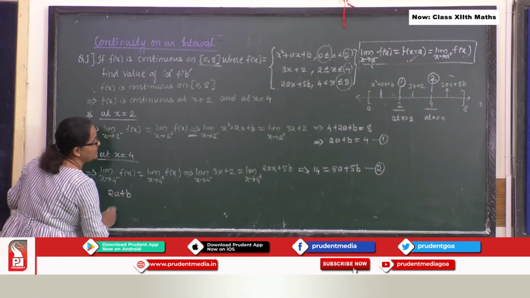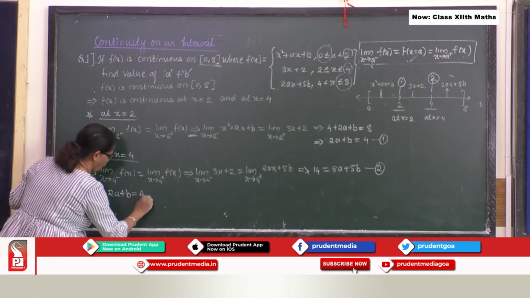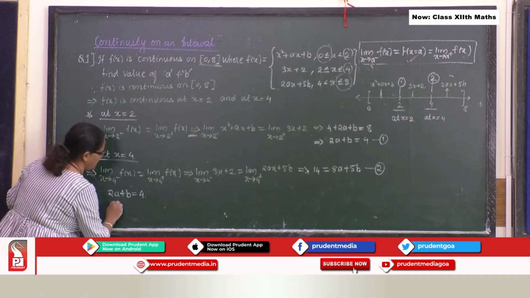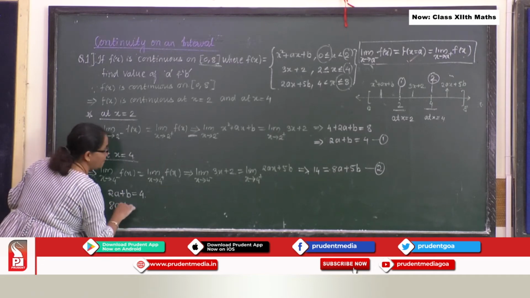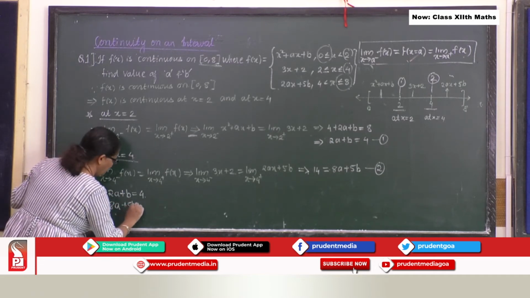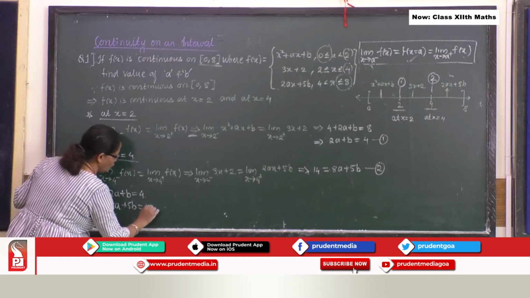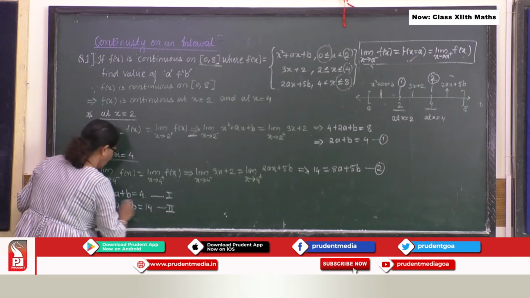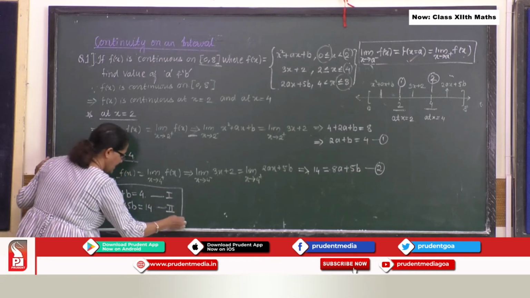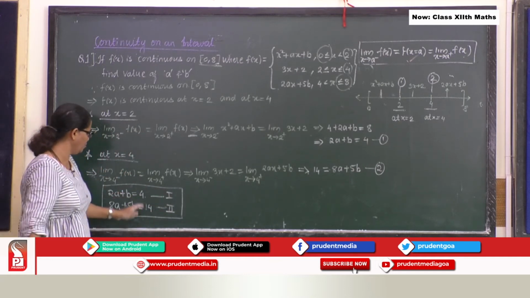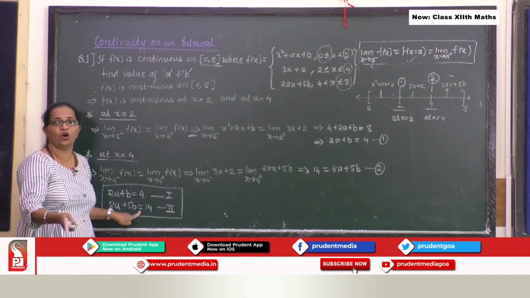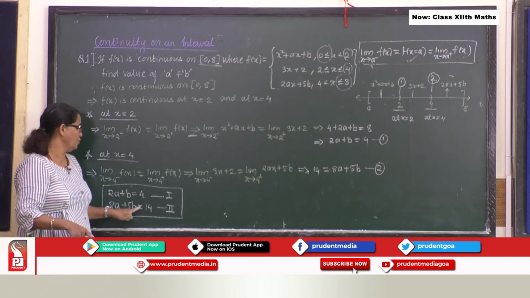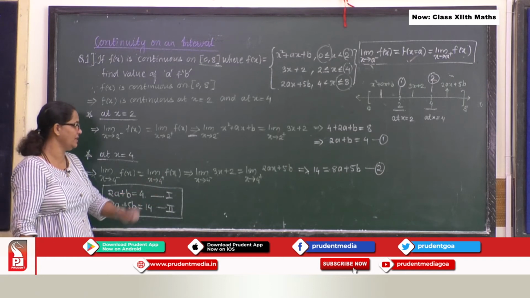So once I get my equation 1 and equation 2, I say 2a plus b equal to 4, and the second one is 8a plus 5b equal to 14. Equation 1, equation 2. These are my two equations which I will solve simultaneously using the elimination method.